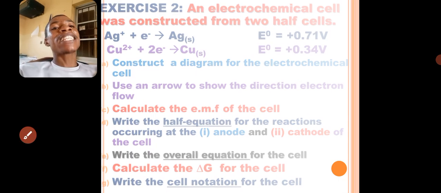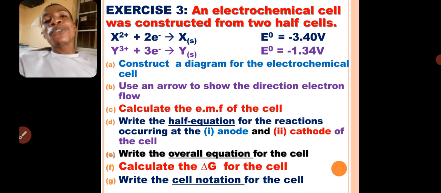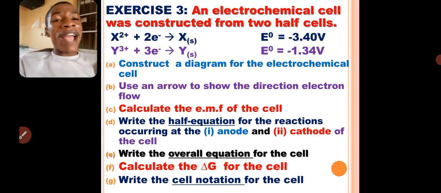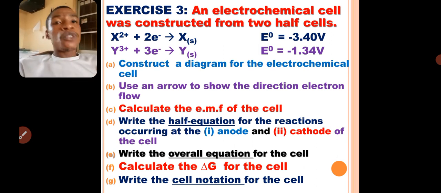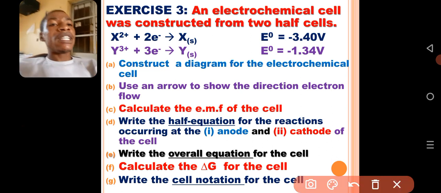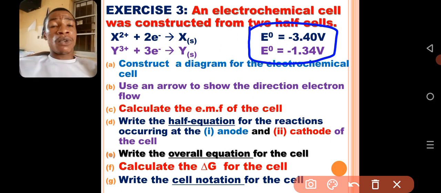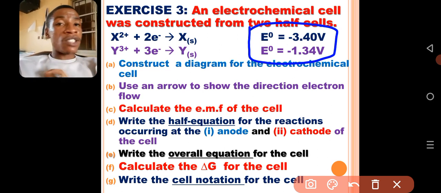But here in exercise 3, you are only given X and Y. So there's no X and there's no Y in the electrochemical series. So the only way you can know which one will be the anode or the cathode is the electropotential. So don't forget, it's sufficient enough to let you know your anode and cathode.